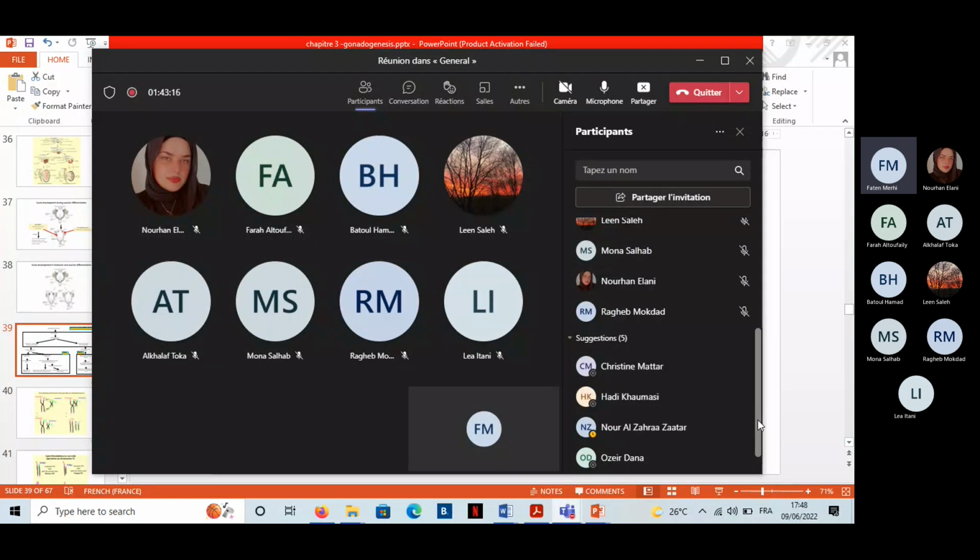The fragmentation of those sex cords in the females gives us the granulosa cells, which will gather with the primordial germ cells to give primordial follicles, and we will have the formation of theca cells also. So this is a summary, and this is what you should know from this chapter.